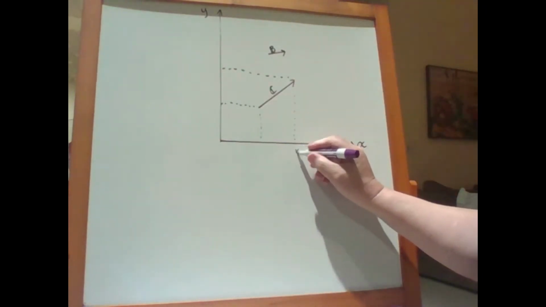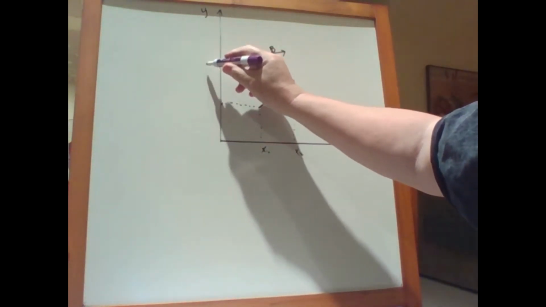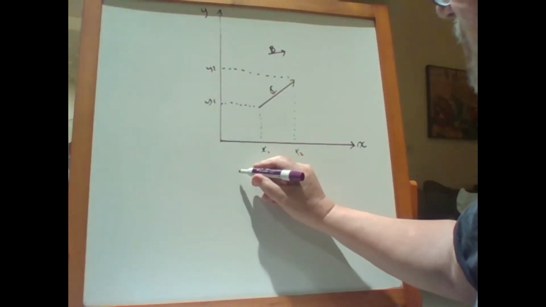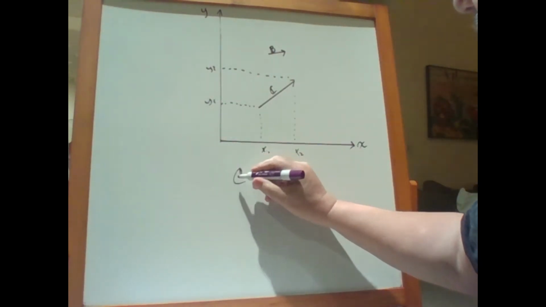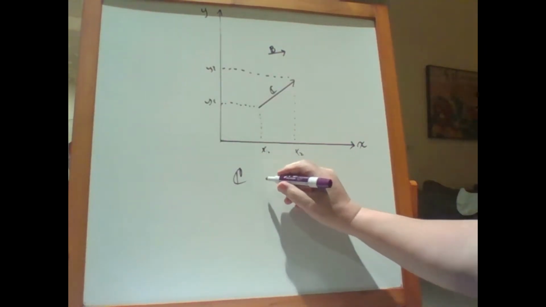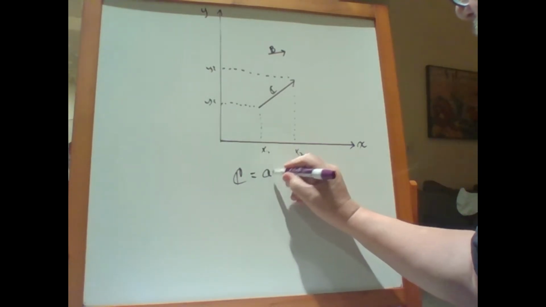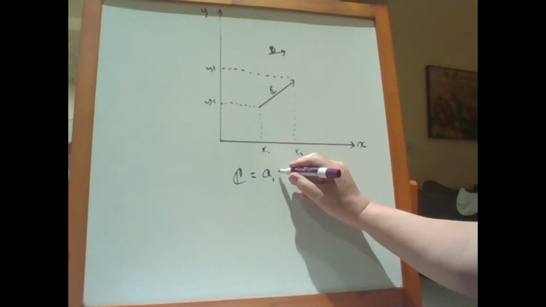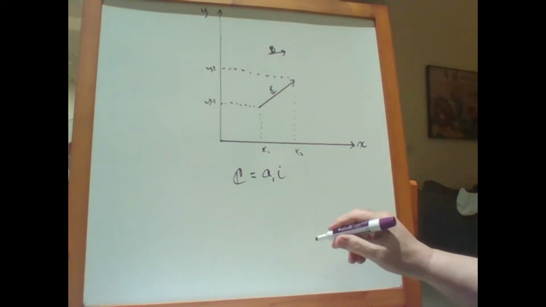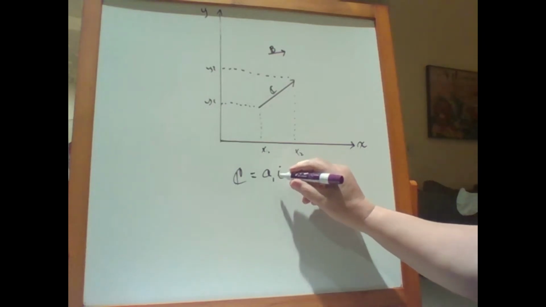And we can say that's x2, x1, and y2, and y1. And so we represent that symbolically as C equals A1 I. I is a unit vector that just represents the direction in which a magnitude A is.